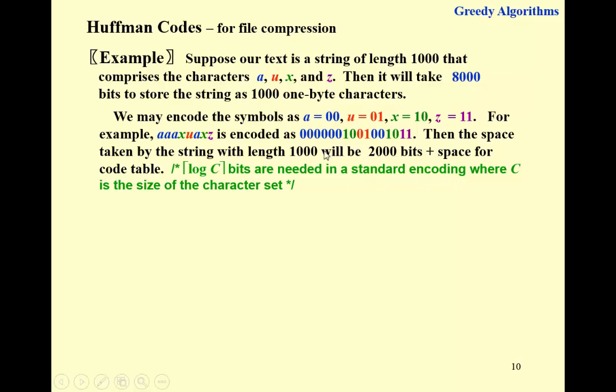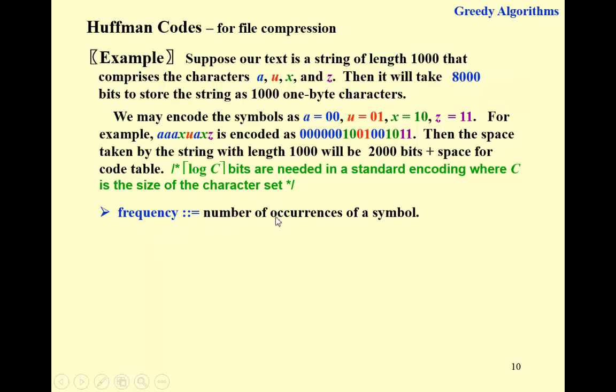But if we want to obtain a better result, if we want to make this resulting string a little bit shorter, then we need to know more information, right? Usually more information means a better result. So the extra information we need is the frequency of each character.